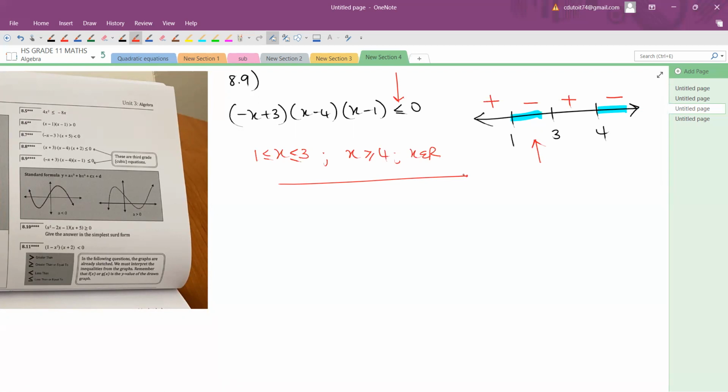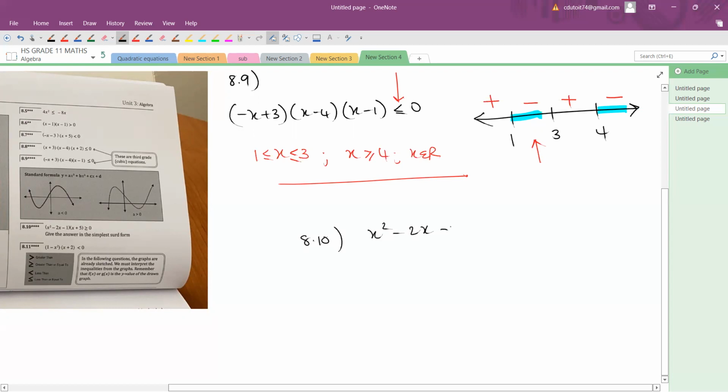Okay, so this was a difficult one. Then we have something evil. 8.10. They have x squared minus 2x minus 1, and x plus 5 is larger or equal than 0. This you'll have to factorize.